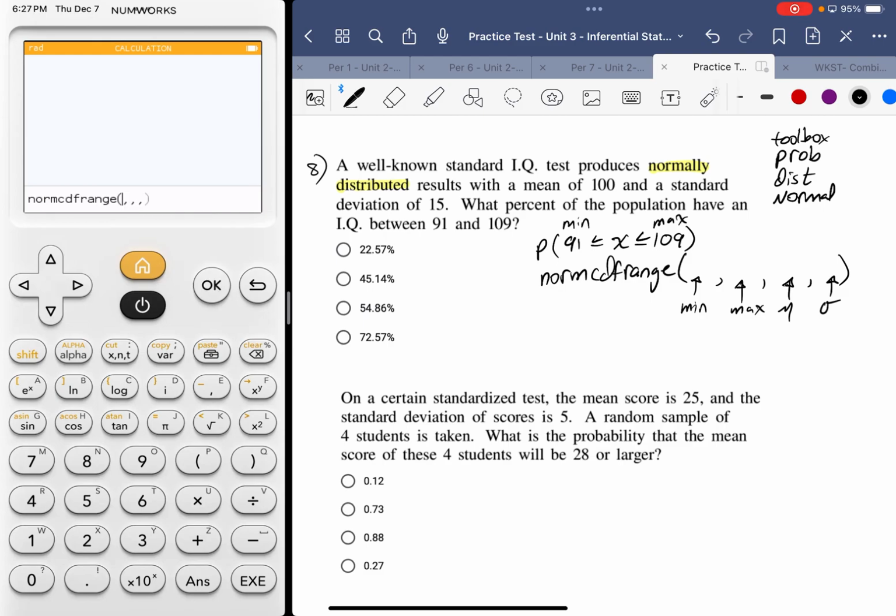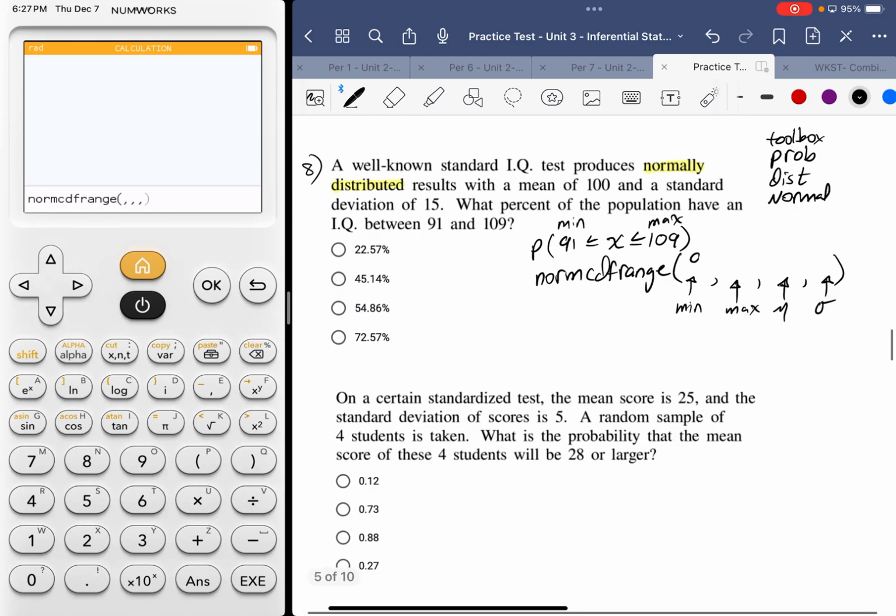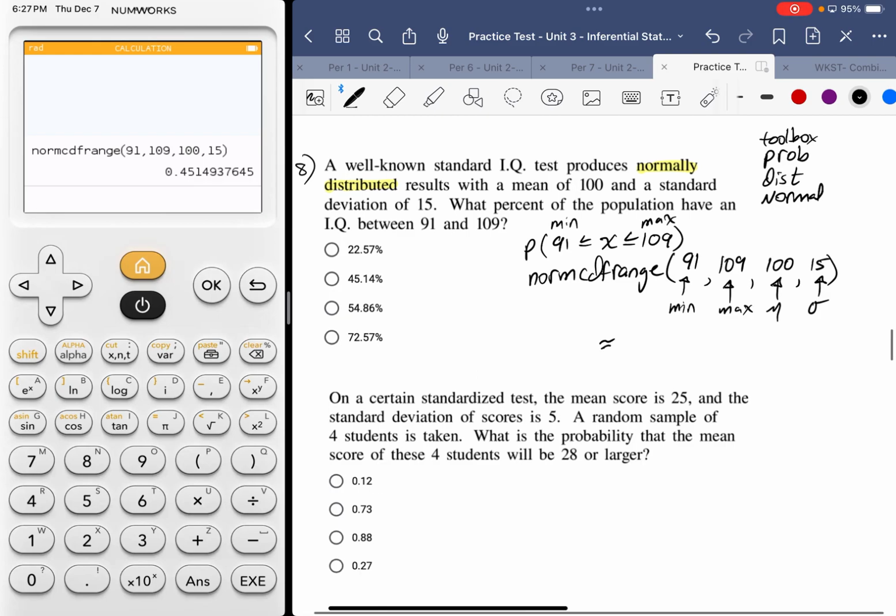So in my calculator, I would put in 91, 109, 100, 15. That's going to get us about 0.4515, and the closest answer to that would be this one over here.